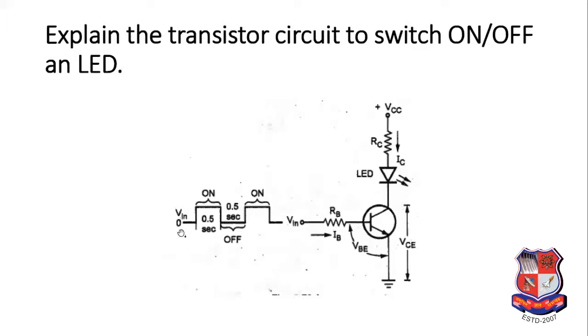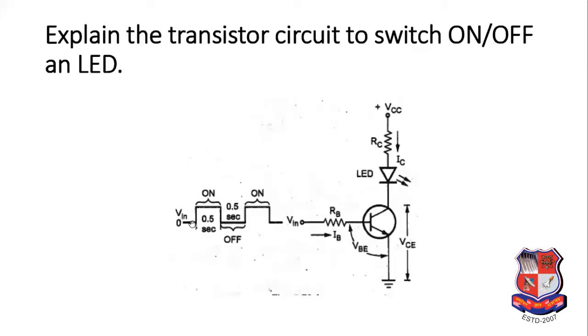Whenever Vin is equal to 0, the transistor is in the cutoff region. So the collector emitter circuit acts as an open circuit, and there will be no current flowing through the LED. So when Vin is equal to 0 volt, the LED will be off.